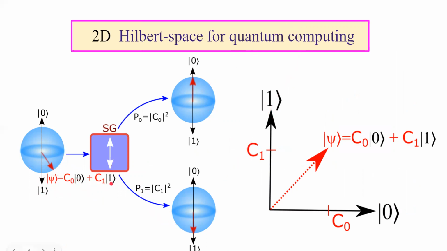And these two coefficients that you see, C0 and C1, are complex in nature, and the square of their magnitude actually gives you the probability that the spin state post measurement collapses to 0 or collapses to 1. These ket0 and ket1 are more or less analogous to what you have in classical systems with bit 0, bit 1.